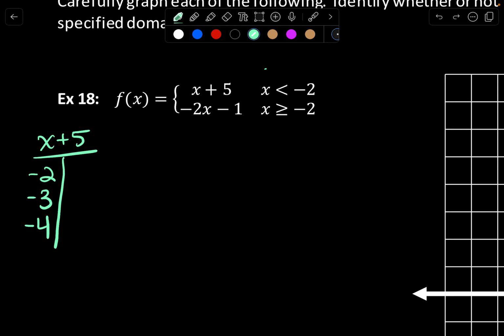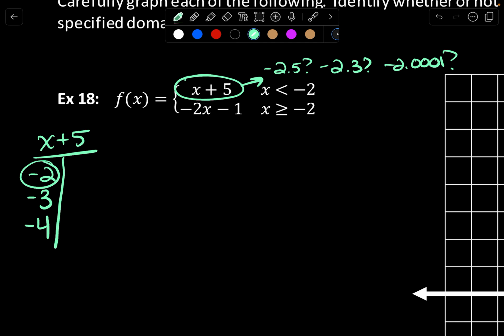Well, my question is, what about -2.5 or -2.3 or -2.0001? This piece of the piecewise is responsible for those values as well, and those are all greater than -3. So we need to use -2 so we can at least see what this piece is doing as we approach -2. So plugging in -2 into this, we get +3.